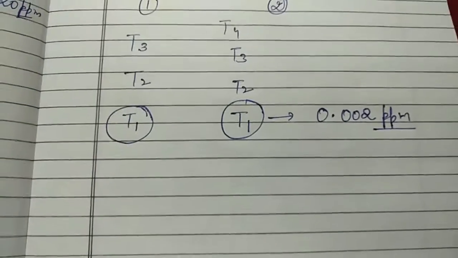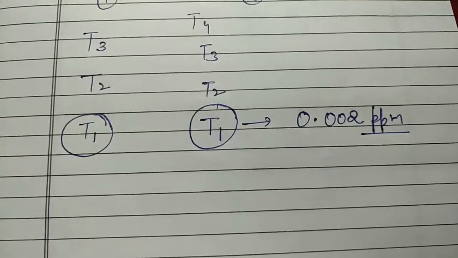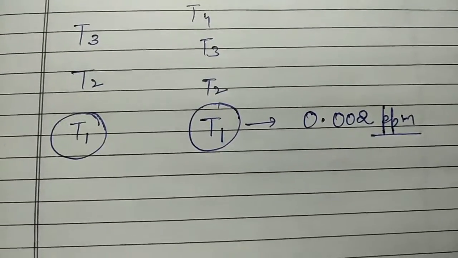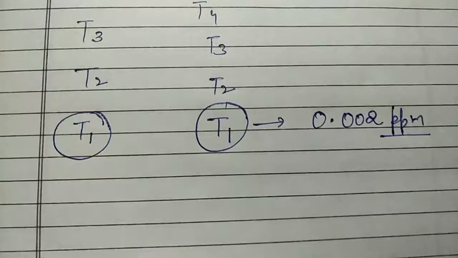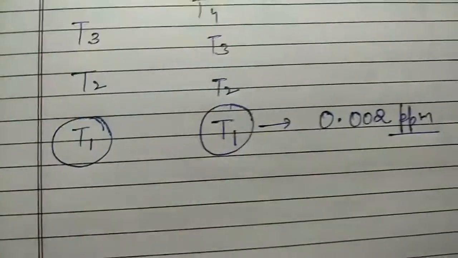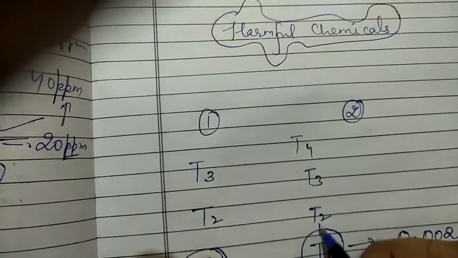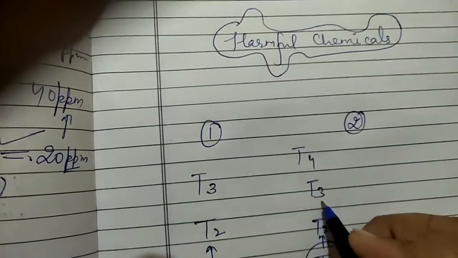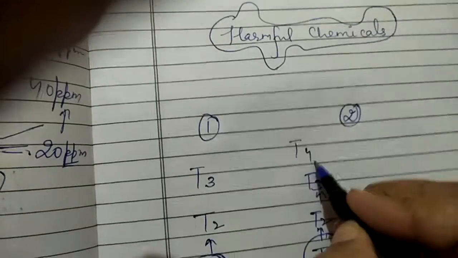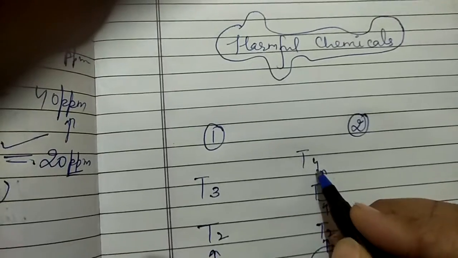So if the T1 trophic level has a DDT amount of 0.002 ppm, when the organism feeds upon the other one, for example, T2 will feed upon T1, T3 will feed on T2, and T3 will be fed upon by T4. Similarly here, T1 will be eaten by T2 and T2 will be eaten by T3.